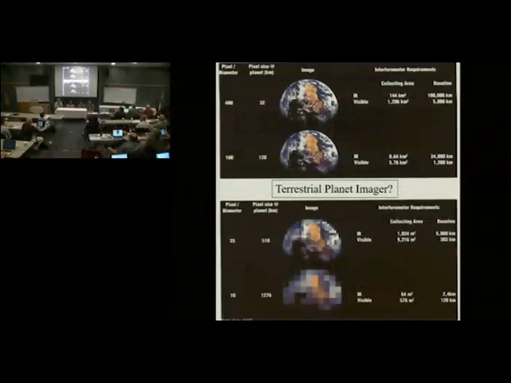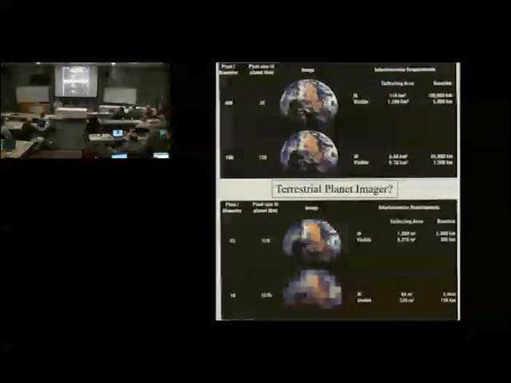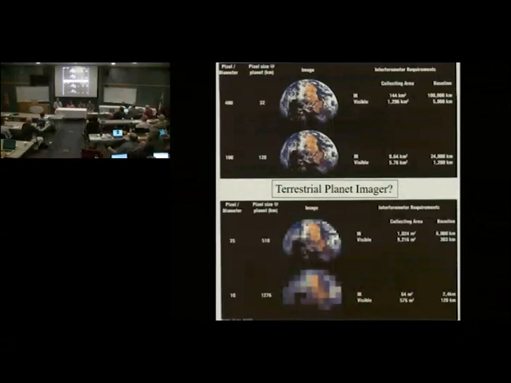Then you win in contrast with the central star, both in terms of the suppression of light from the central star and in terms of the ability to detect the different spectroscopic signature of the planet from the star. It will be the combination of those two things that probably allows us to do from the ground what is otherwise a contrast generally only achievable in direct imaging from space. So that's the idea, and neither telescope has baselined an instrument like that for its first generation.